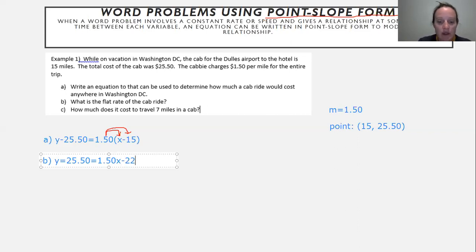So it's a negative $22.50. Oh, sorry guys, I'm going to erase that real quick because I forgot it wasn't equals and that was looking really confusing, and I don't want to confuse you. It's y minus 25.50 equals $1.50x minus 22.50.